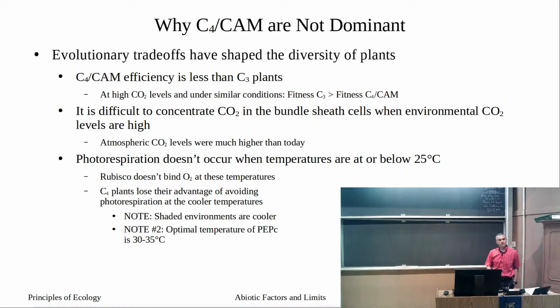And if they're cooler, that is going to give the fitness edge to the C3 plants. So you've got this suite of things. While our C4 and CAM plants are efficient at saving water, they have all of these costs, and historically it wasn't going to favor them. All right, questions?